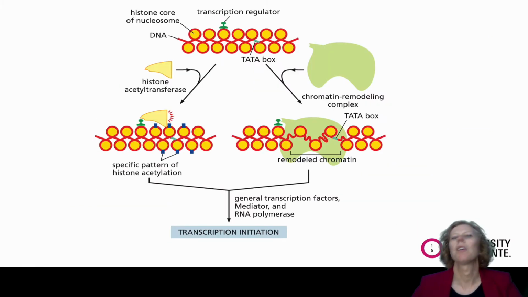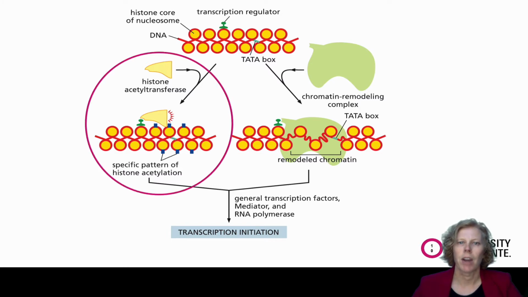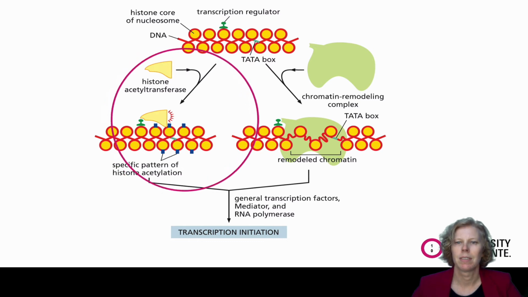So what is then necessary for transcription to occur? The recruitment of histone-modifying enzymes, such as histone acetyltransferases, or HATs, add acetyl groups to specific histones, which can then serve as binding sites for proteins that stimulate transcription initiation.